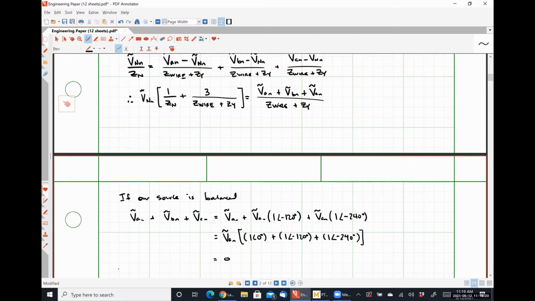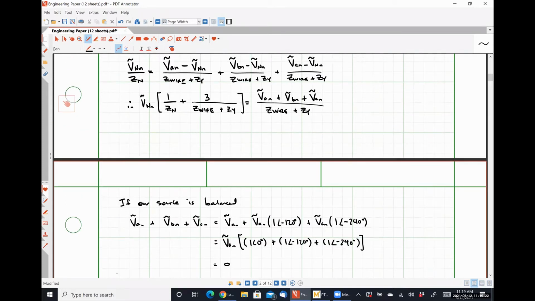So if we look back at our previous equation, Z wire plus ZY is assumed to be some non-zero quantity, right? We're assuming that there is some impedance. Similarly, Zn is assumed to be non-zero. So I have 0 divided by some finite number is equal to a finite number times my neutral to neutral voltage. So what does that neutral to neutral voltage have to be? It also has to be 0, okay?